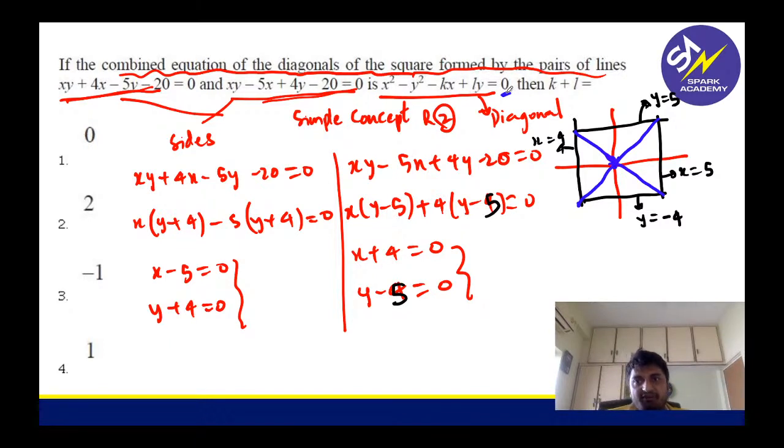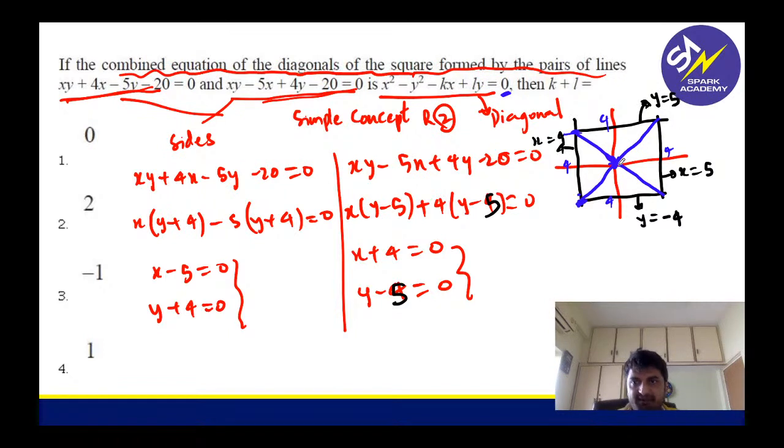So how do I find out the diagonal part? You know it, right? This is 4 units, this is also 4 units. You can find out the combined equation of the diagonals.